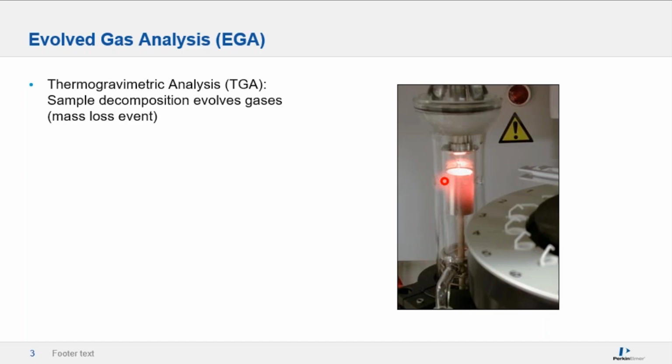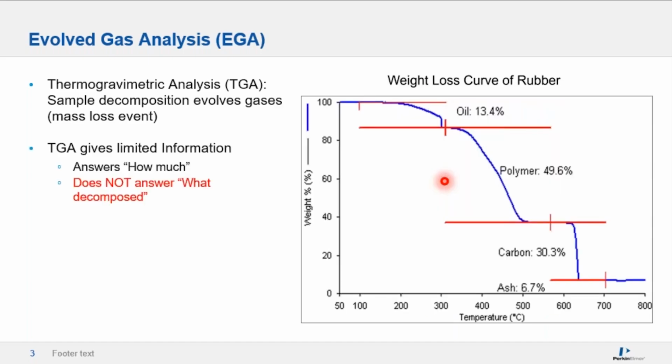So TGA is very good at answering the question of how much regarding a thermal degradation event. But TGA alone yields no information regarding the compounds or what kind of components are being decomposed. If we take a look at this data on the screen, this is a typical TGA weight loss curve for rubber.